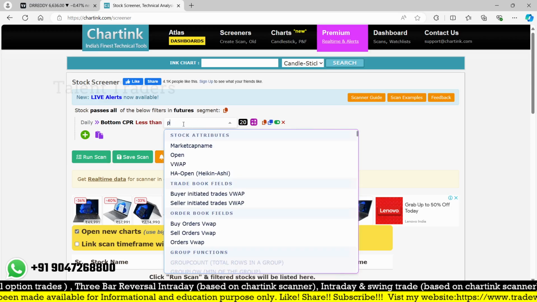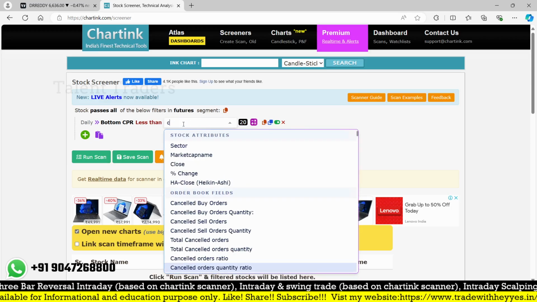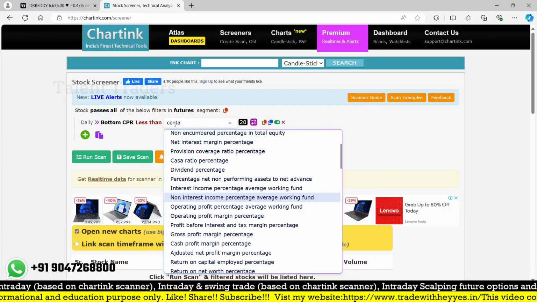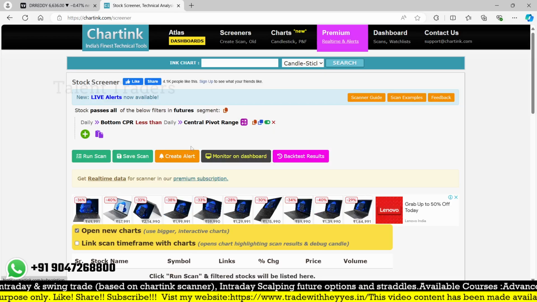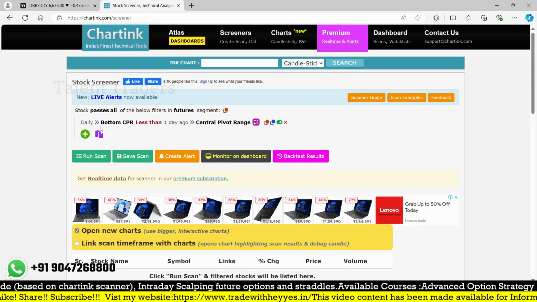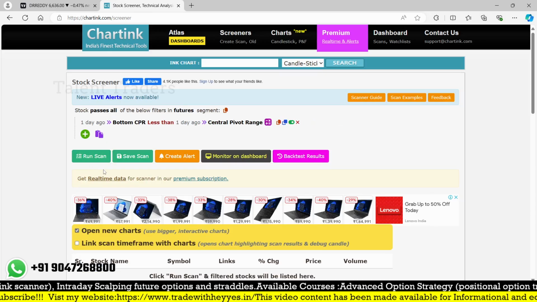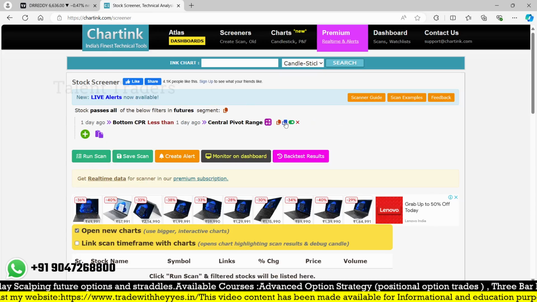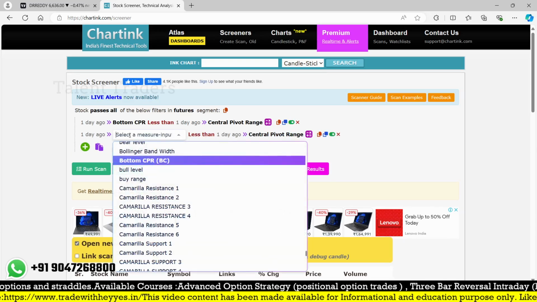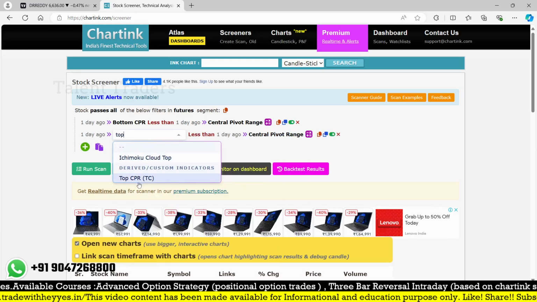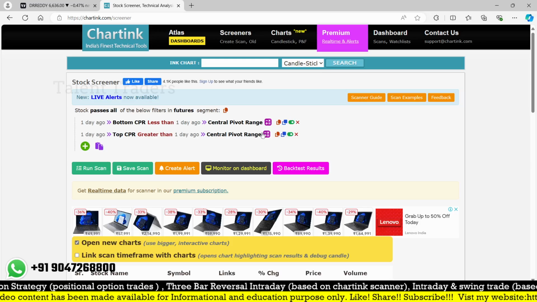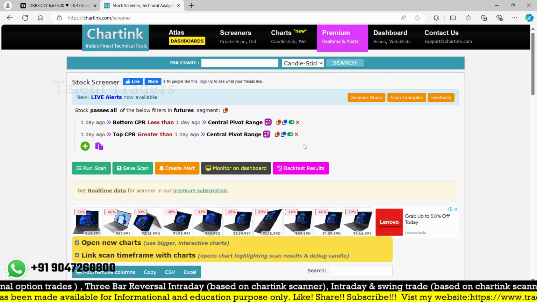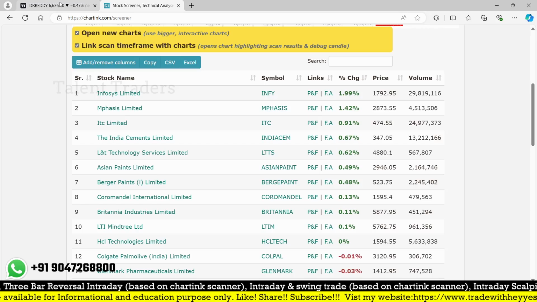So pivot, or central pivot range. We'll use the current day, and we'll use 1 day ago, for example, to check today's stocks. The same I can copy, and here the top CPR would be greater than the central pivot. This will tell you exactly the CPR levels.